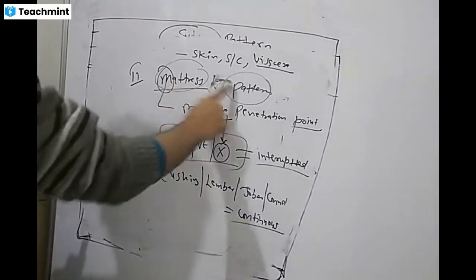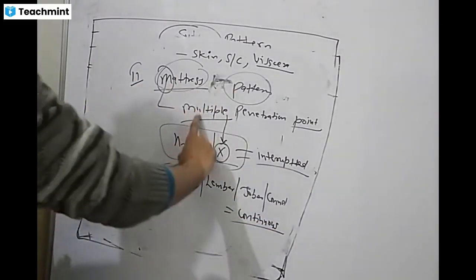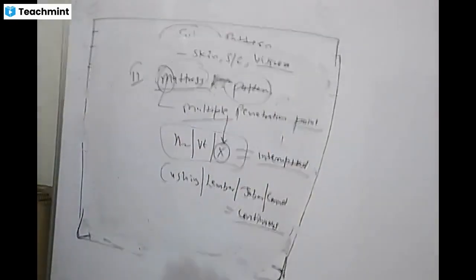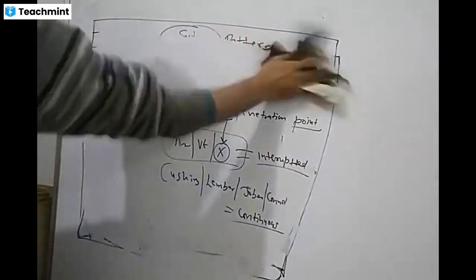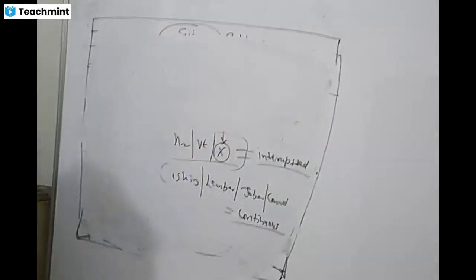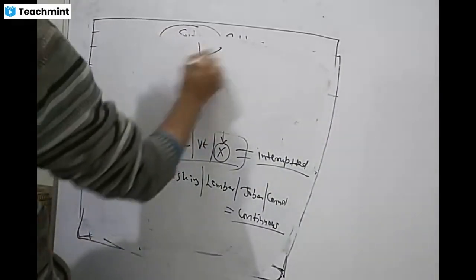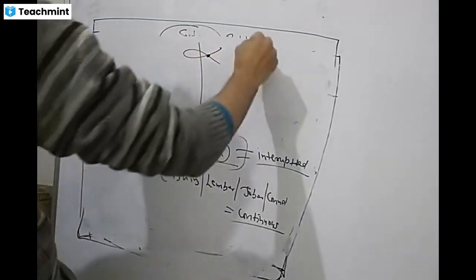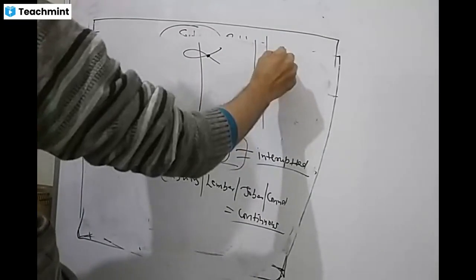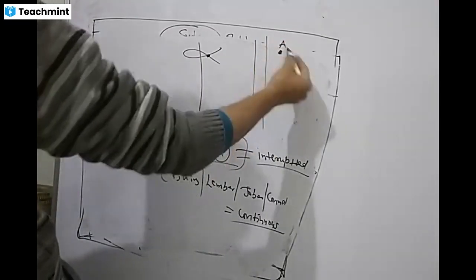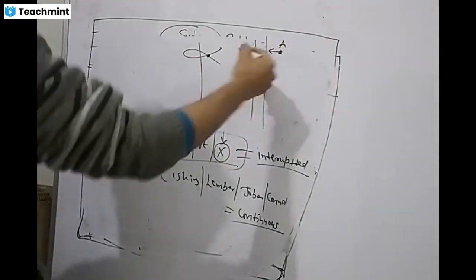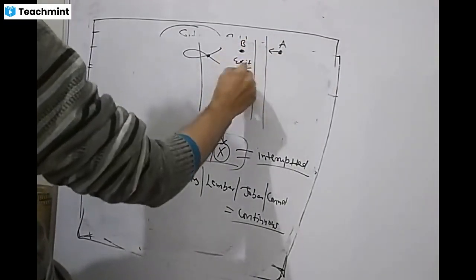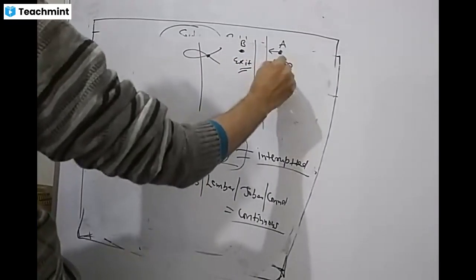So matrix pattern is that pattern which is having multiple penetration points. The meaning of multiple penetration is, suppose you are applying a simple interrupted. To apply simple interrupted, this is the point A from where our needle enters, and this is the point B, the exit point.